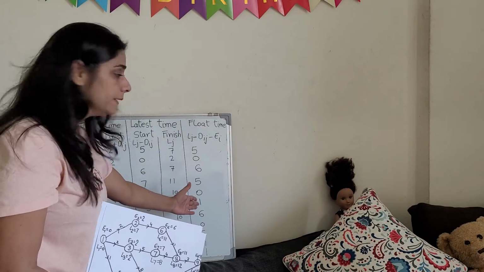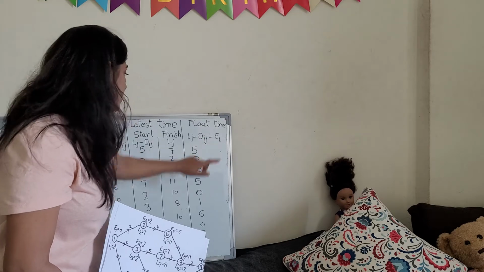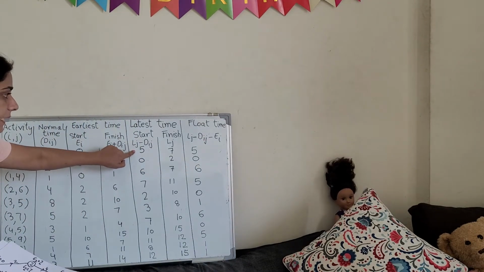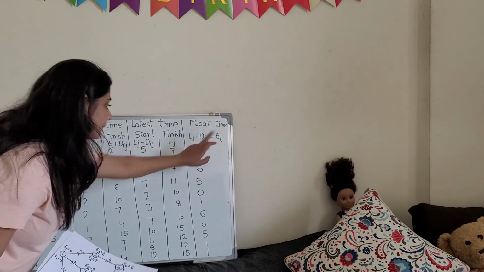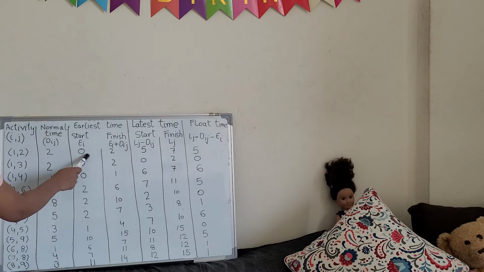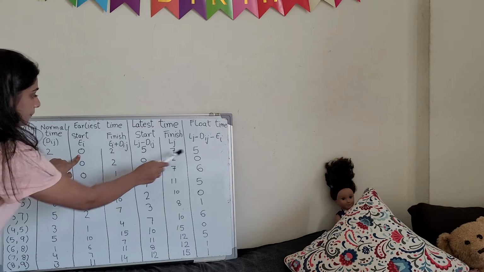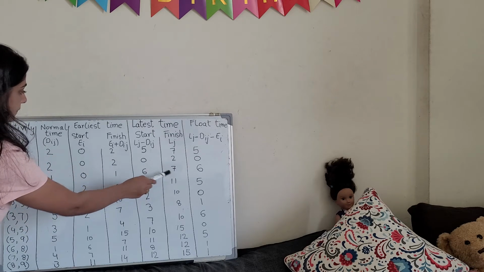Got it? Now in the last we will calculate float time and this will define critical path method. Critical path. Okay? So LJ minus DIJ minus EI. This is the formula. And LJ minus DIJ is this column, latest start. And we have to subtract now EI. So EI is this one. Got it? So 5 minus 0 is 5. 0 minus 0 is 0. Here, check.